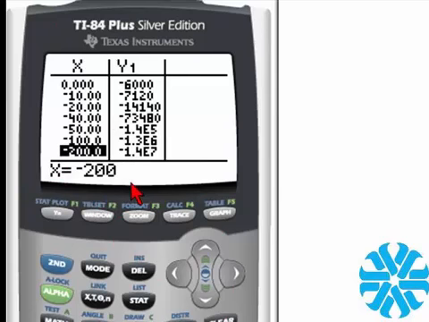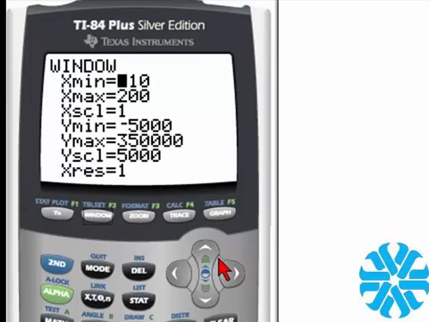So let's change our window then. Let's set the x min to negative 200, and let's set the y min to negative 500,000. So let's go to Window, and let's set this to negative 200. Okay, and let's go to the y min being negative, let's say 500,000.